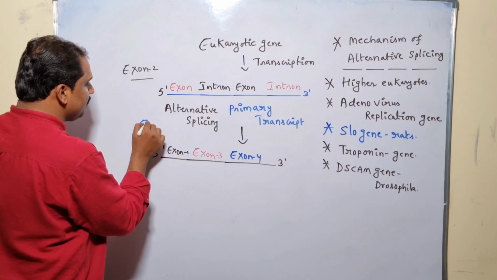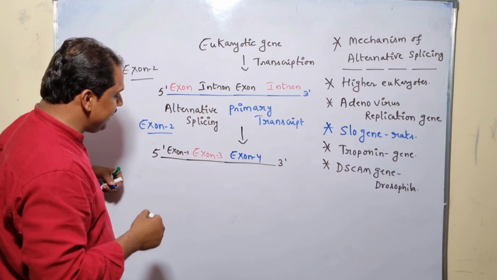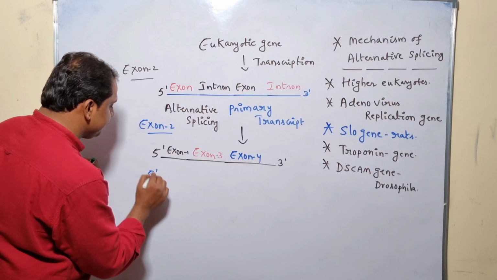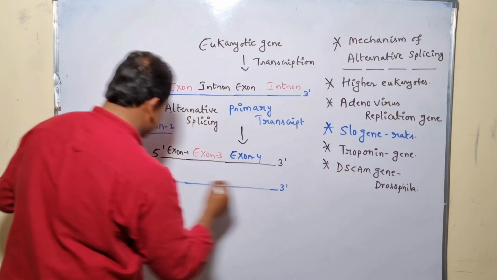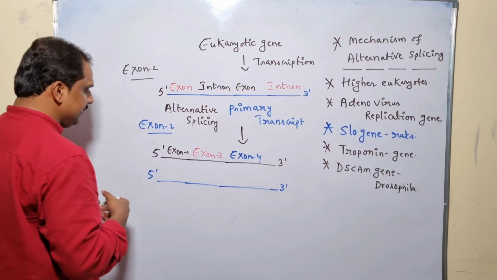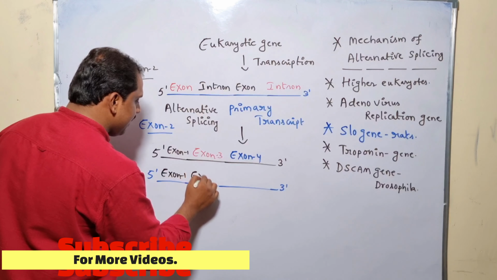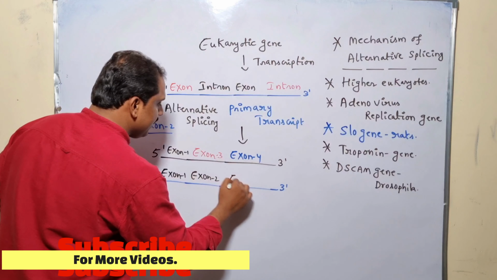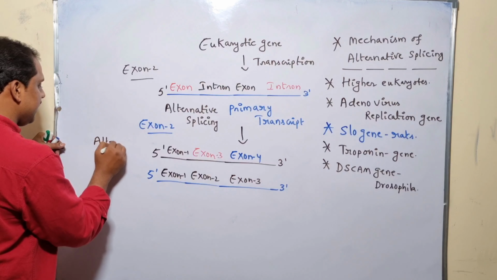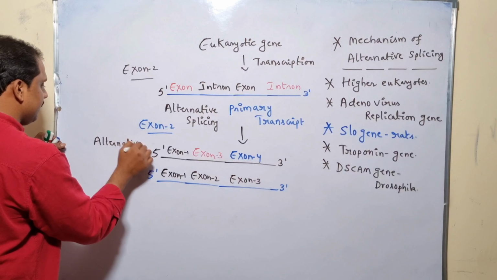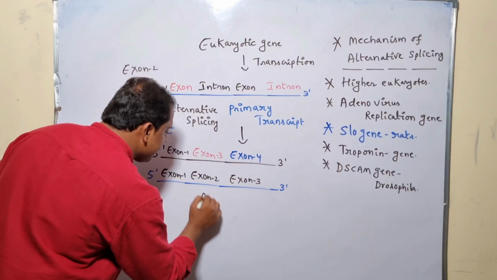So here exon 2 is not successfully expressed, and here in the other alternative variant it consists of exon 1, exon 2 and exon 3. So it is one of the alternative mRNA and it is the other alternative variant.